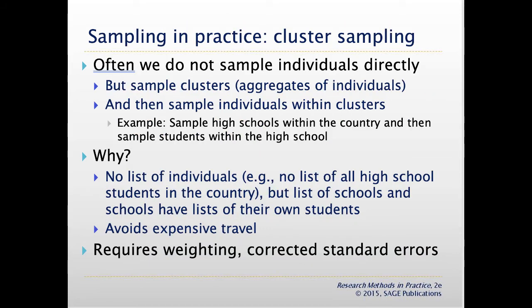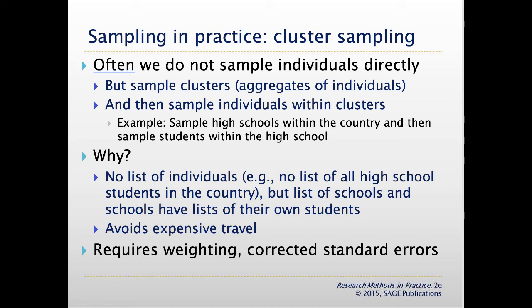The next form of complex survey sampling I want to talk about is cluster sampling. Often we don't sample the individuals directly, but we first sample them in clusters, aggregates, and then we get to the individuals within the cluster.